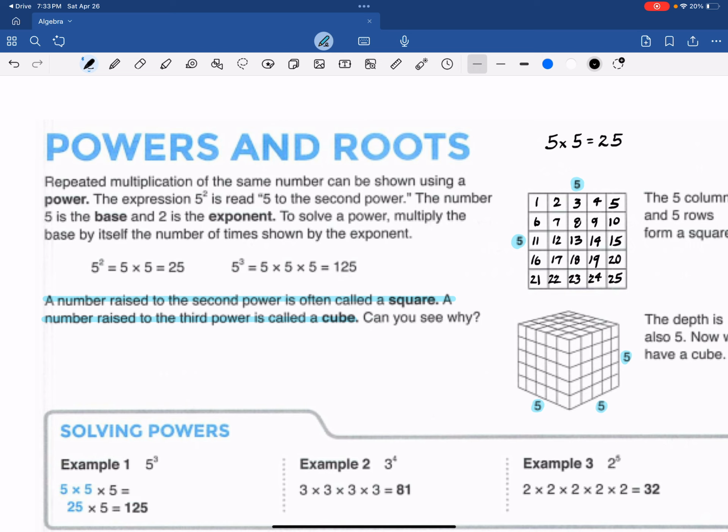So 5 squared is 25. 5 cubed is going to be 5 times 5 times 5, and that is 25 times 5. So there would be 125 little cubes in that big cube.